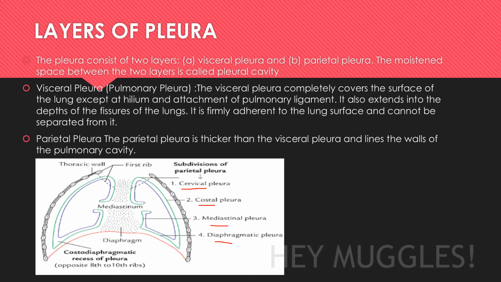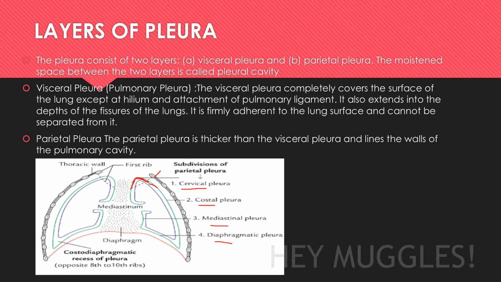So your cervical pleura lines the extension of the pleural cavity into the neck. Then we have costal pleura. It covers the inner aspect of your ribs, your costal cartilage, and your intercostal muscles, right?